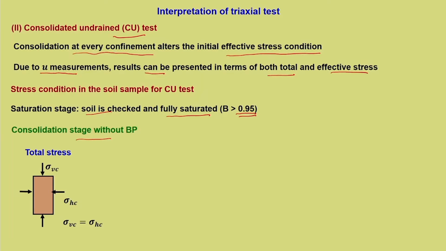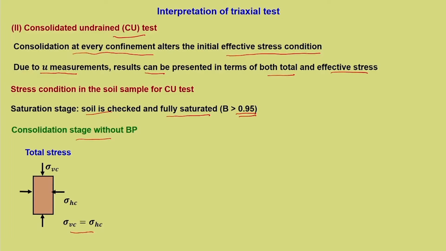In general conventional triaxial testing, we always opt for isotropic consolidation, because this is more simple and easy to understand. Anisotropic consolidation would also induce some sort of shearing, because there is a difference in stress. So, here we are talking about a condition where sigma VC equals sigma HC, which is an isotropic consolidation.